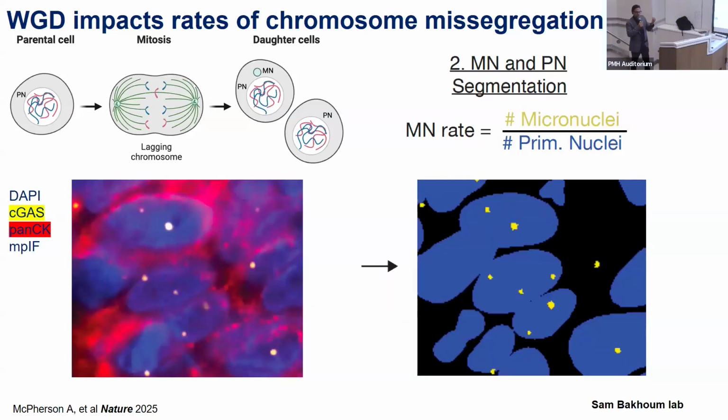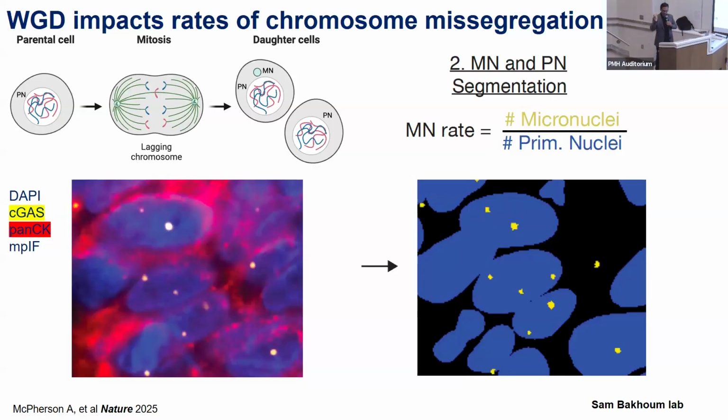And so micronucleation is a byproduct of chromosome missegregation. And so missegregated chromosomes get sequestered into micronuclei. They have their own membrane. When the membrane ruptures, then that will attract cGAS and stimulate an inflammatory response, the whole cGAS-STING axis of cytosolic DNA sensing.